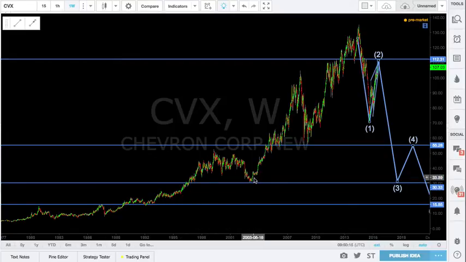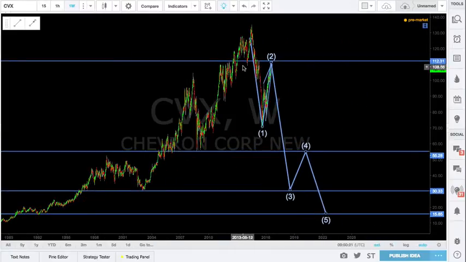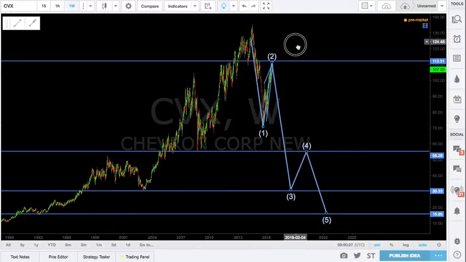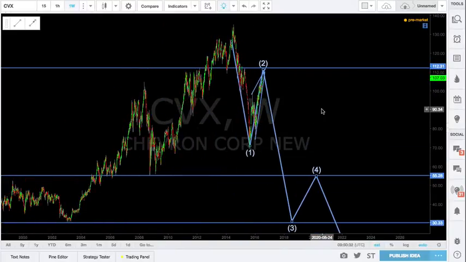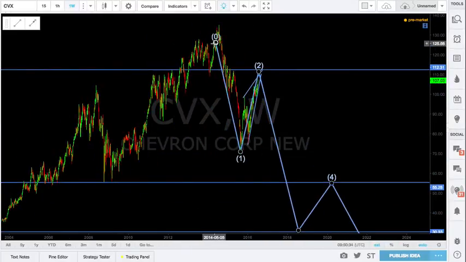So impulse, correction, impulse, correction, impulse. Now the reason I believe we're reversing that is because if this was a correction and an impulse, it would be right up off the screen, but it's not. So what I'm looking at here is an impulse down, and then this is a corrective move.